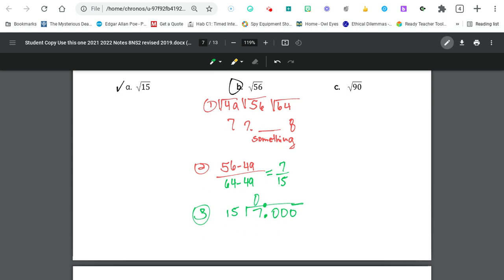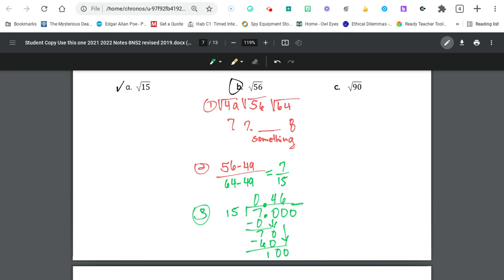Well, I can't get any groups of 15 out of 7. Write a 0, subtract a 0. How many groups of 15 can I get out of 70? That's going to be 4, which is 60. How many groups of 15 can I get out of 100?